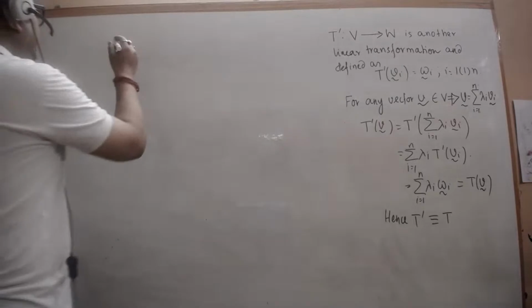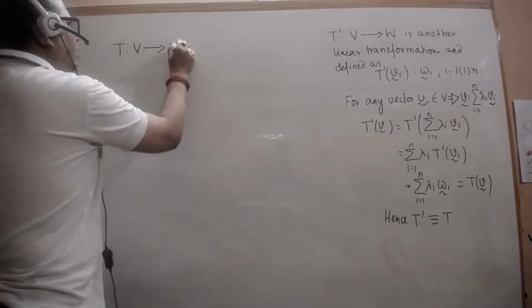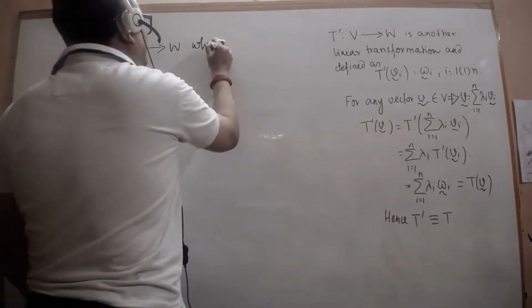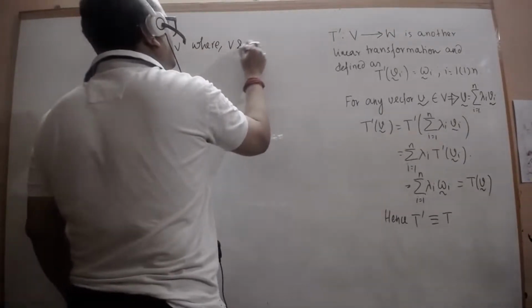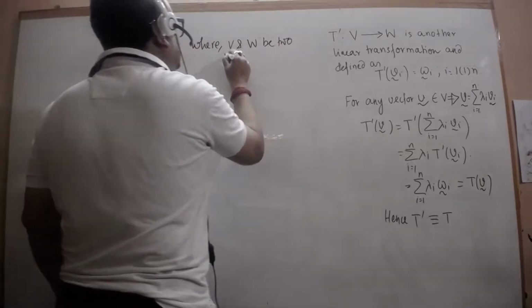Let T be a linear transformation from V to W, where V and W are two vector spaces.